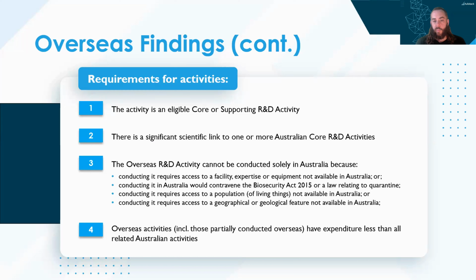It could require access to a population of living things not available in Australia. So if you were doing some research into a particular health condition and not enough people in Australia were living with that, you would have to go and do a clinical trial overseas.